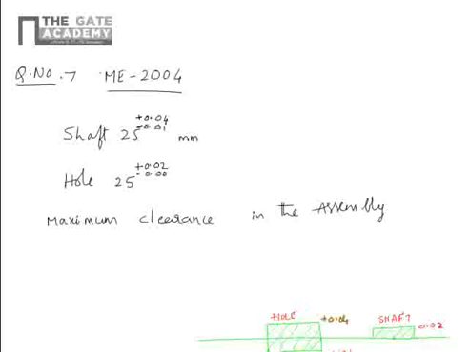What is the possible condition for a clearance fit to be formed? The lower limit of the hole has to be greater than the upper limit of the shaft. Whenever the shaft and hole dimensions vary like this, then it is called a clearance fit. Okay.